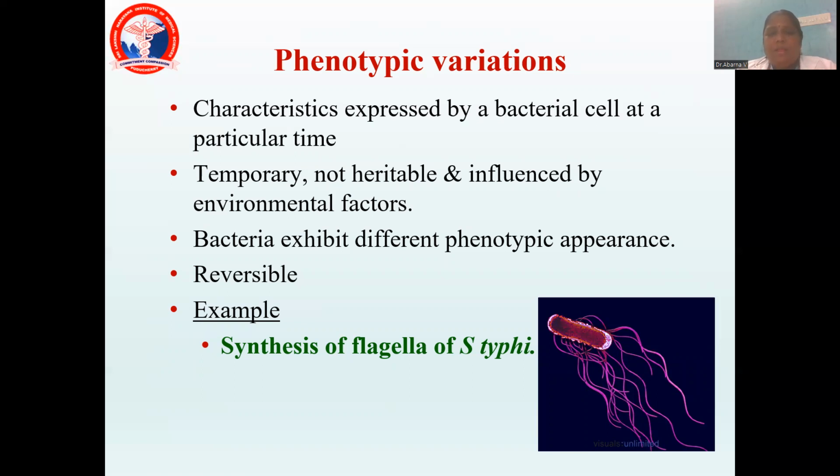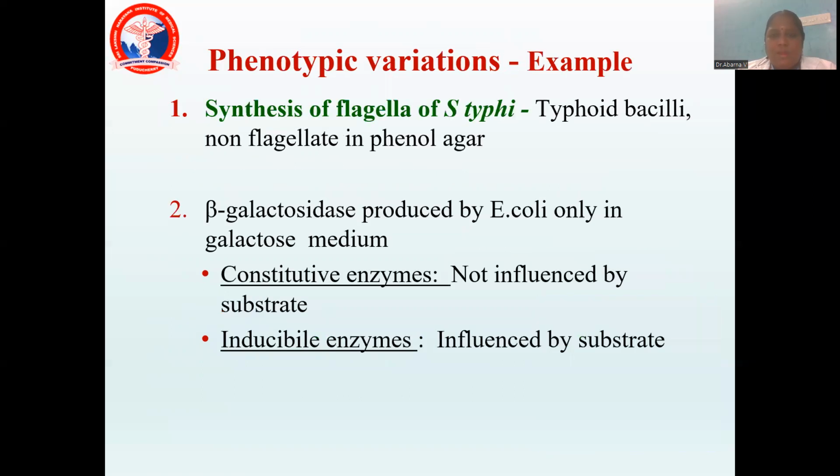For example, Salmonella typhi will synthesize flagella for its motility, right? When it is grown in phenol red agar, this flagella synthesis is inhibited. So it is inhibited by the environment, right? So this is an example of phenotypic variation. Another example is that beta-galactosidase enzyme is produced by E. coli only in a galactose medium.